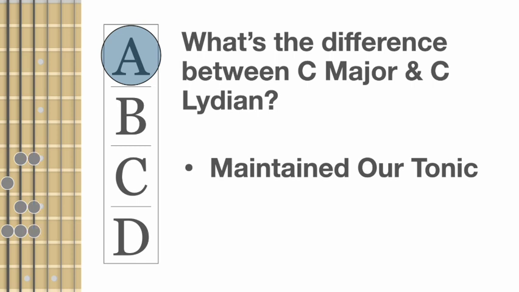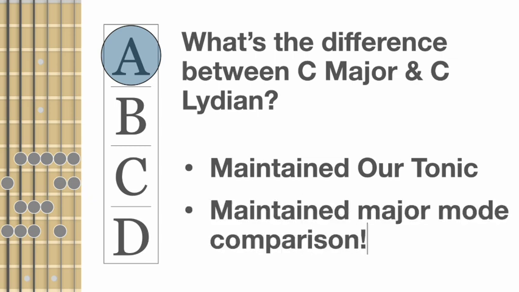And in addition to that, when we look at the variations between the C Ionian or C major scale and the C Lydian scale, we've maintained that mode, right? Major to major, that's our comparison. And that's exactly what we want. And we can see that the variations here are pretty minimal. Now we can start to hear nuances, right? We can start to hear the little small changes that make a huge difference in our music.